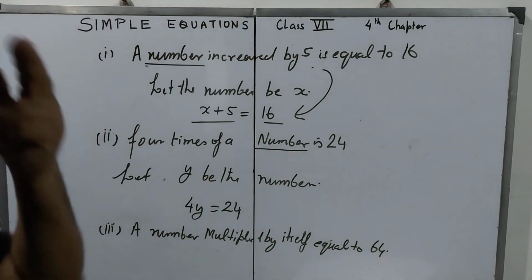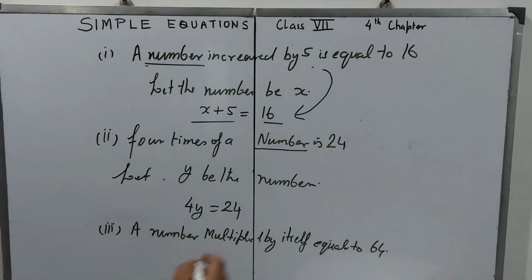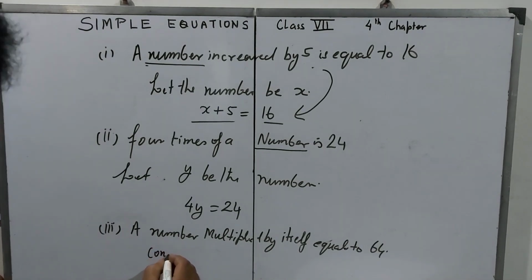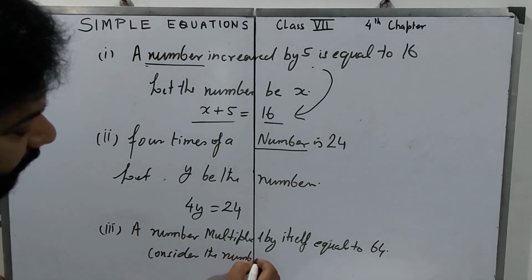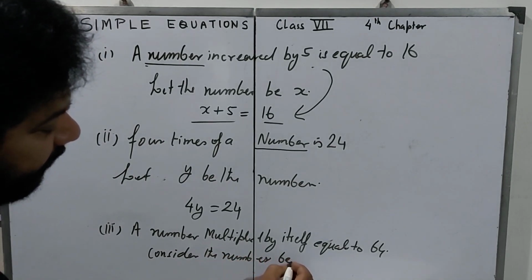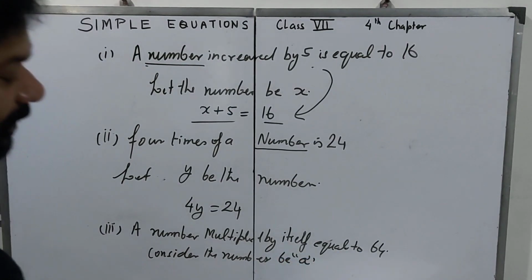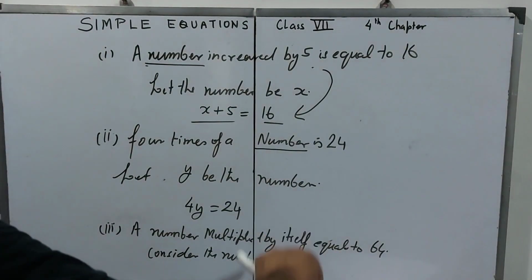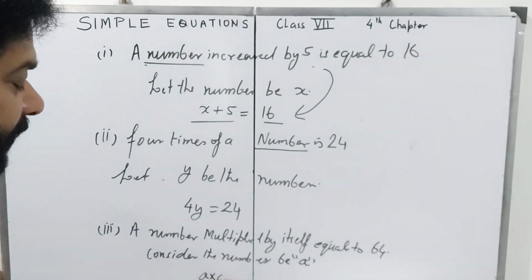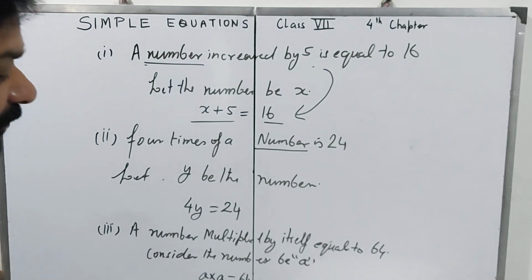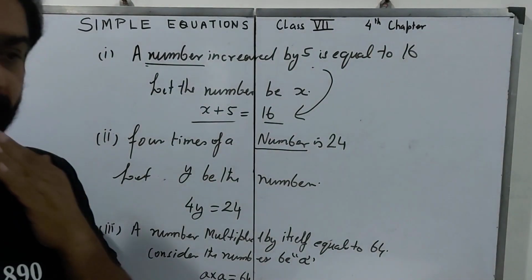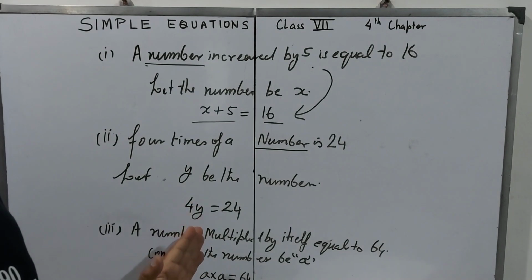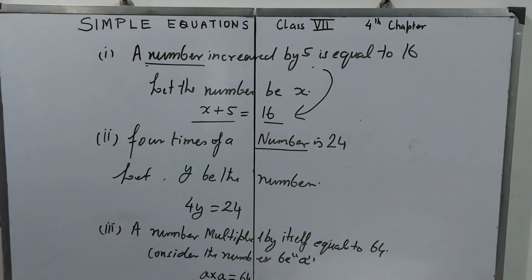Again, in this statement, the number is not known. So consider the number a. Now this number multiplied by itself, that means a into a is equal to 64. a into a means a square is equal to 64. Therefore, if mathematical statements are given, we can convert them into equations.